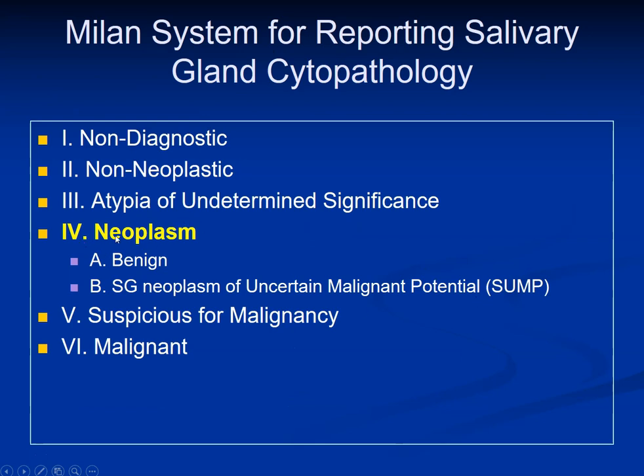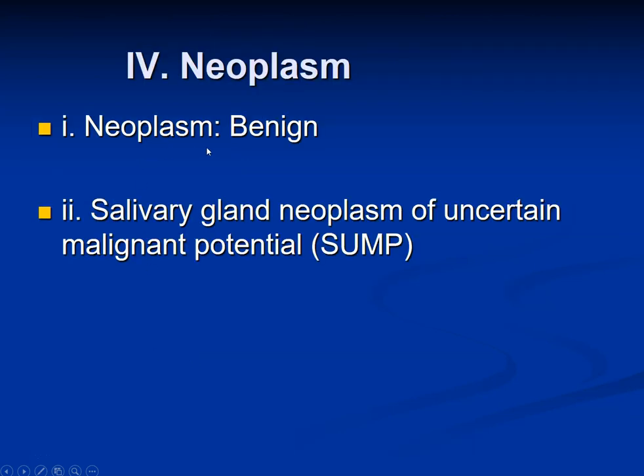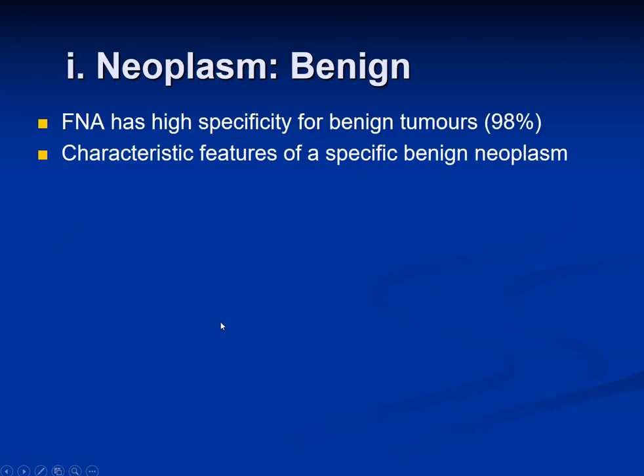Moving on to category 4, this is the neoplastic category, and again, I want to highlight that this is a little bit special because it is subdivided into two subcategories. So we have benign neoplasm, and we have SUMP, which is salivary gland neoplasm of uncertain malignant potential.